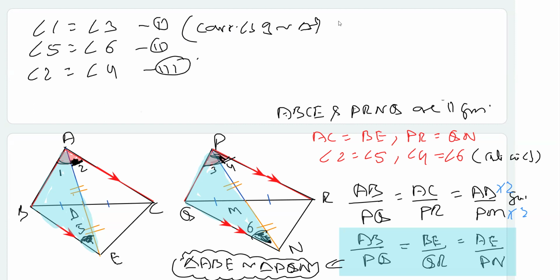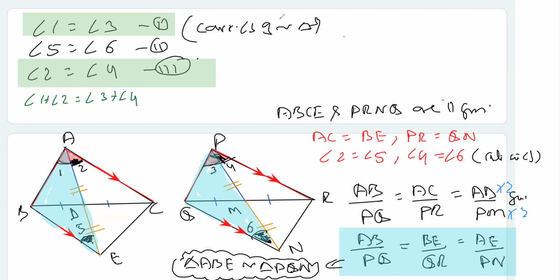Next, I'm going to add these two equations, that is equation 1 and equation 3. So on adding 1 and 3, what you'll get is angle 1 plus angle 2 is equal to angle 3 plus angle 4.